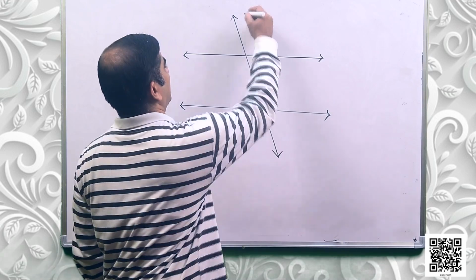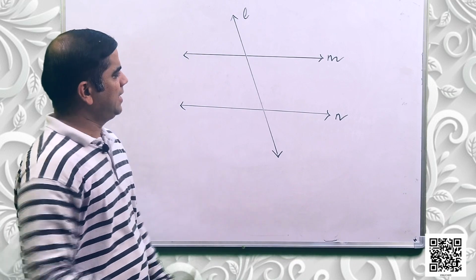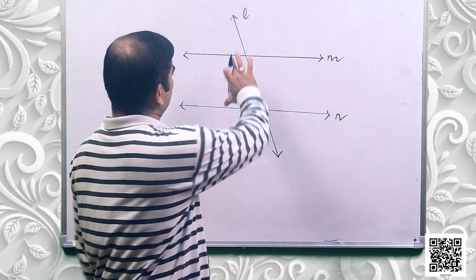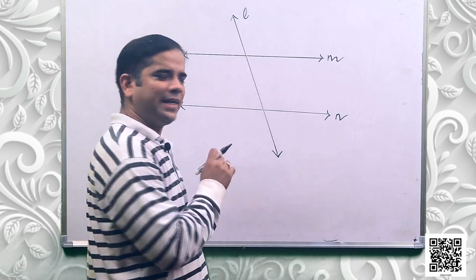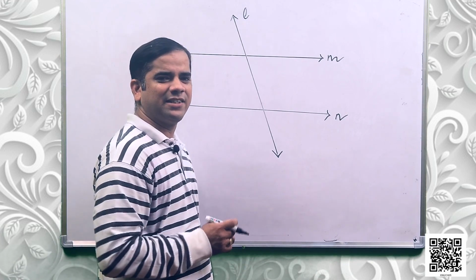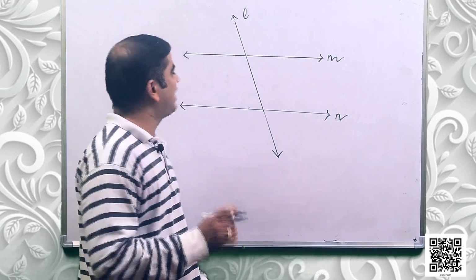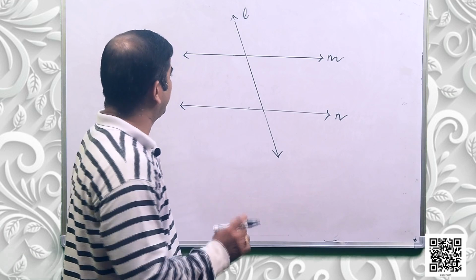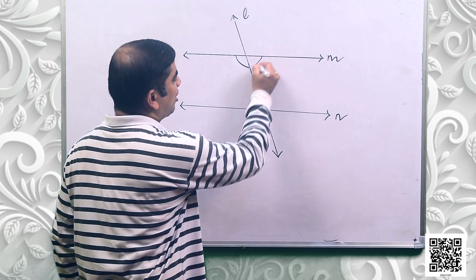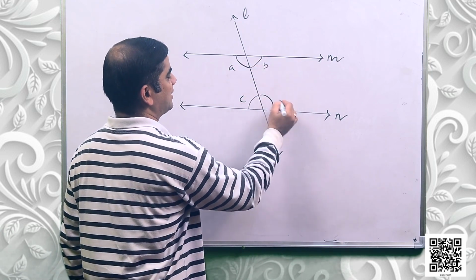Let us name these as L, M and N. Again, if I go to postulate 5, these two lines will meet each other on the side where the sum of internal angles is less than 180 degrees. Let us first name the internal angles as A, B and C, D.